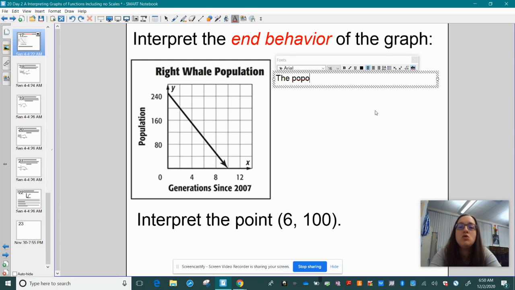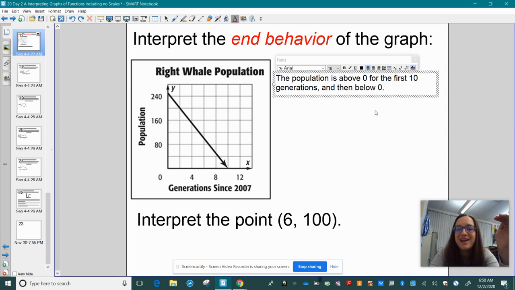The population is above 0 for the first 10 generations and then below 0. Talking about where that end behavior is happening. I mean, we're going down, and then notice that arrow says, technically, we're still continuing down lower.